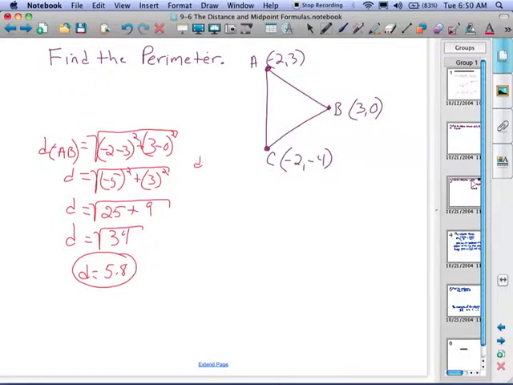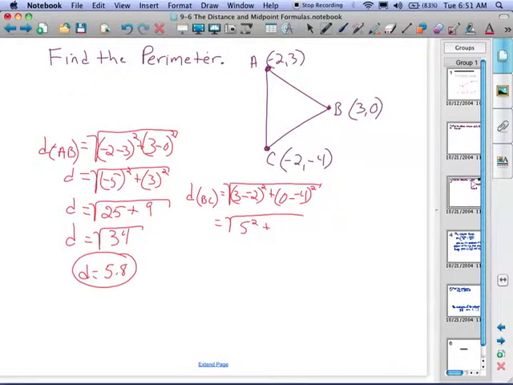We want to find the distance from B to C, the second side of the triangle. And that's going to be the square root of 3 minus -2 squared plus 0 minus -4 squared. 3 minus -2 is going to be 5.